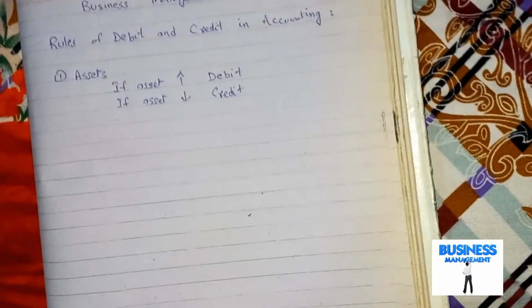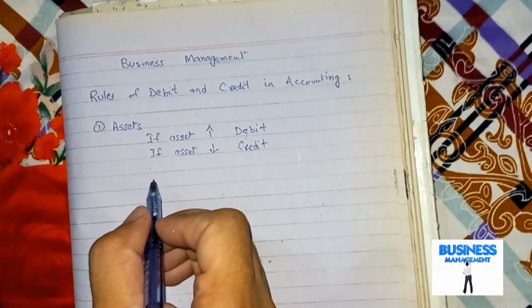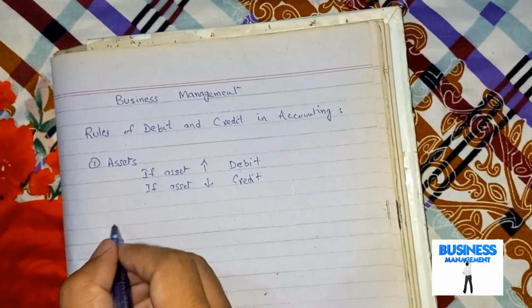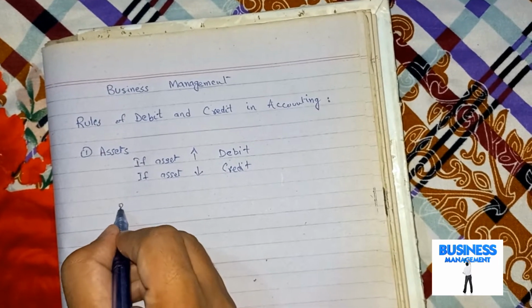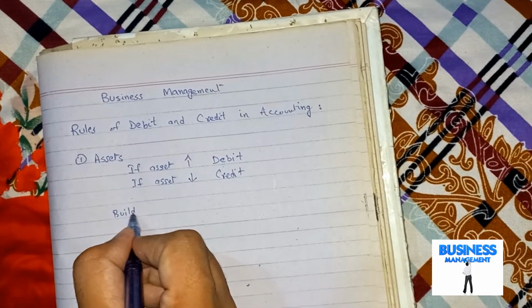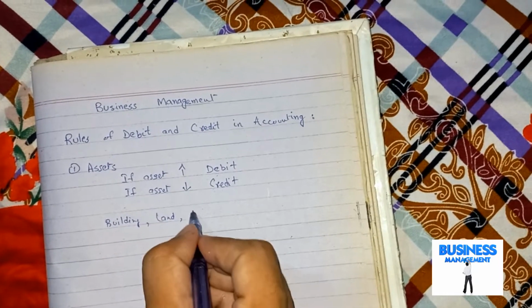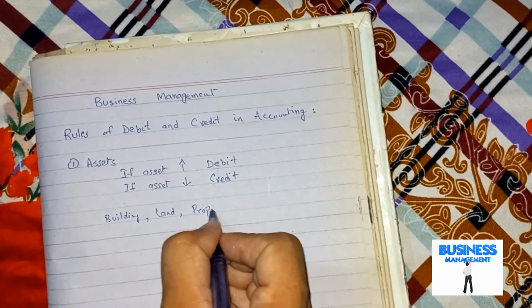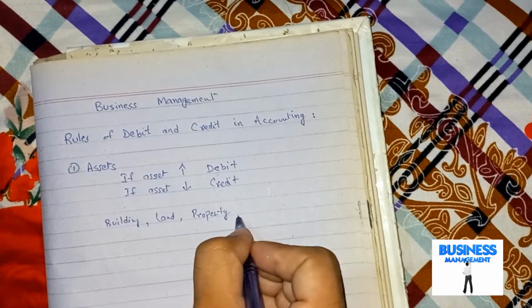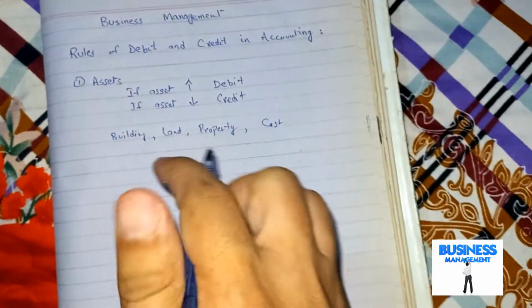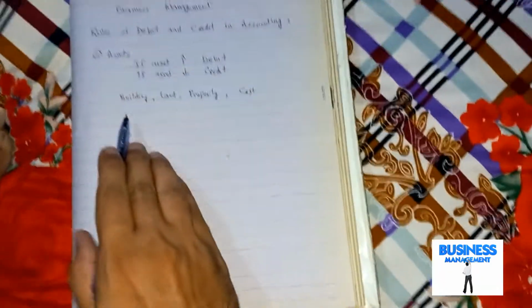What are assets? An asset is a resource controlled by an entity, for example building, land, property, cash. These are some examples of the assets.